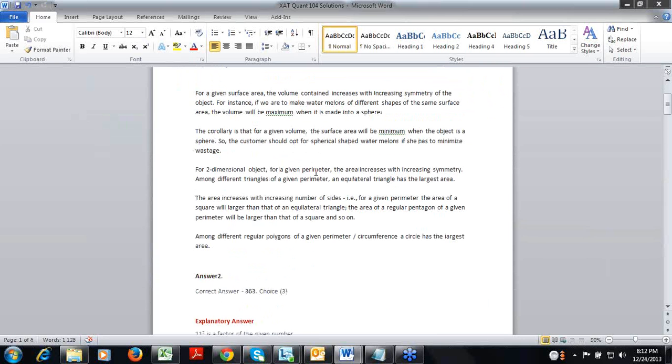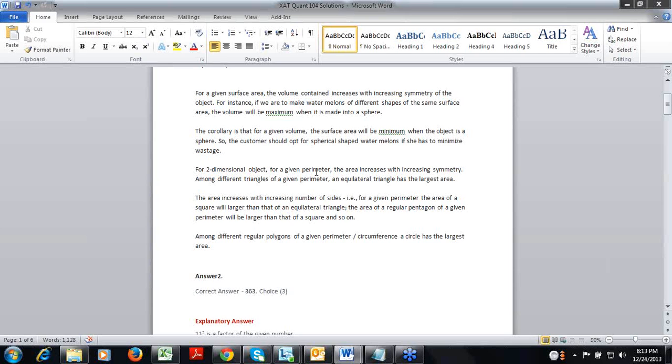See, a simple thing is that whenever you increase the symmetry of the object, then for the same surface area, volume will be maximum when it is a sphere, because at that time the shape is circular and the symmetry is perfect. The same analogy is used here as well.